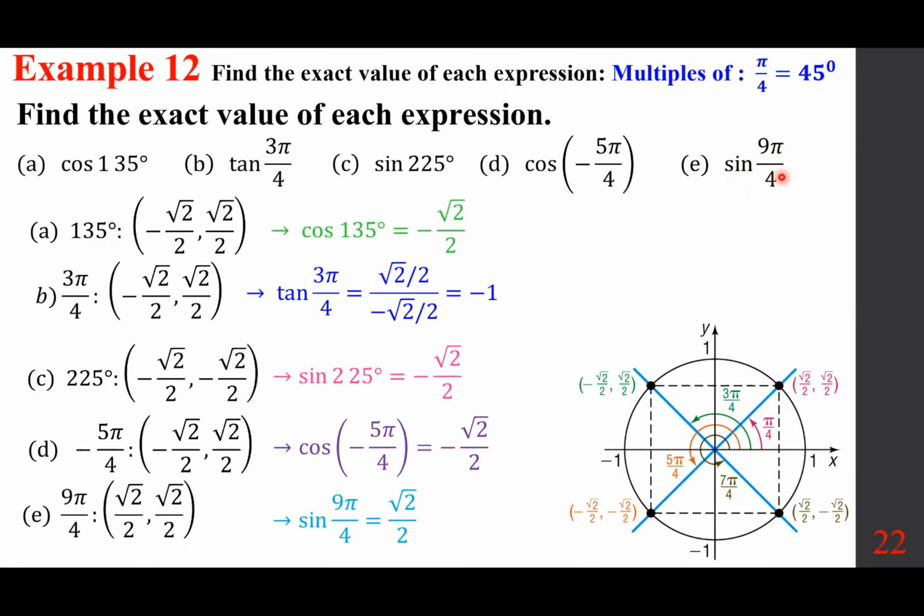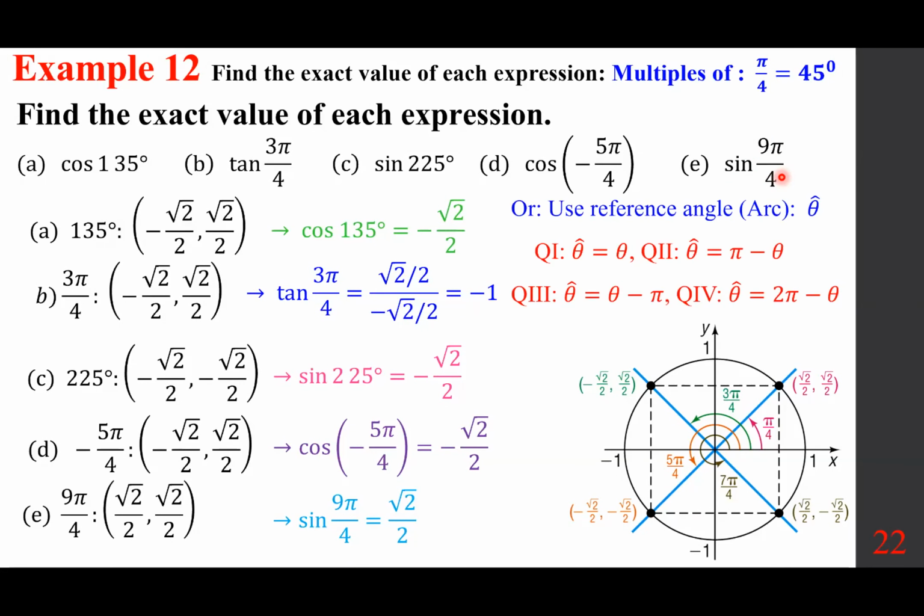As I mentioned, we can use reference angle or arc. We use theta prime or theta hat. This is theta hat. In quadrant 1, we use theta hat. In quadrant 2, we use pi minus theta, whatever the value is. In the third quadrant, we write theta minus pi as theta hat.